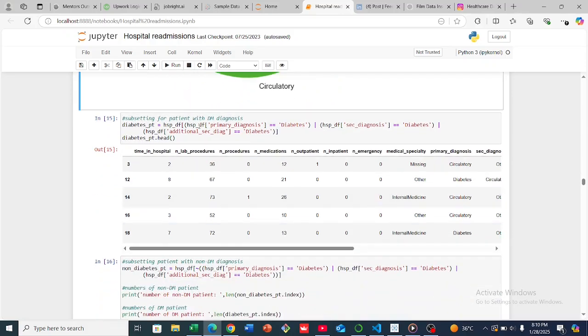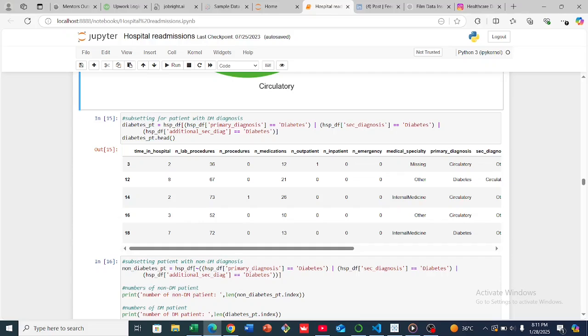To do that, I wrote this block of code. You could see our HSP_DF, and using the square brackets, I identified that I wanted just my primary diagnosis to be equal to diabetes, or when our secondary diagnosis is equal to diabetes, or when our additional secondary diagnosis is equal to diabetes.